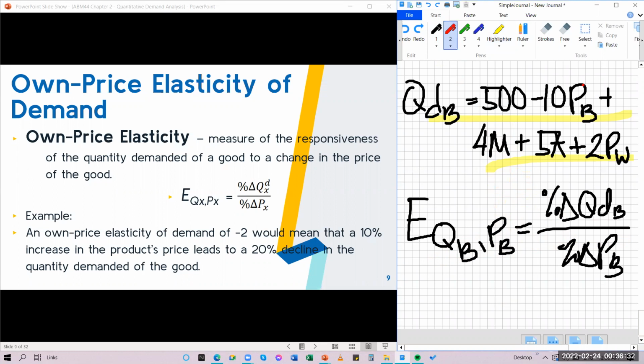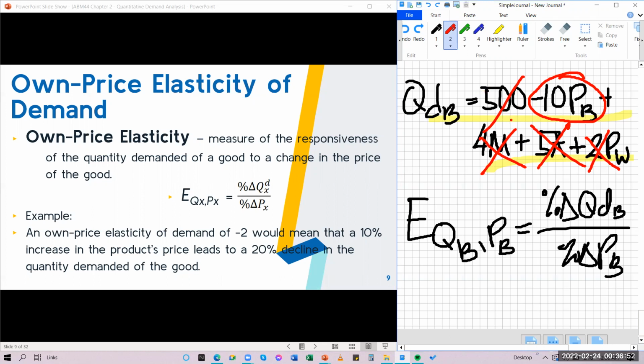So as you can see in the demand function, a linear demand function, this is the only variable in which the price appears. So our focus again is the own price elasticity of demand. So we will just be ignoring the other variables.